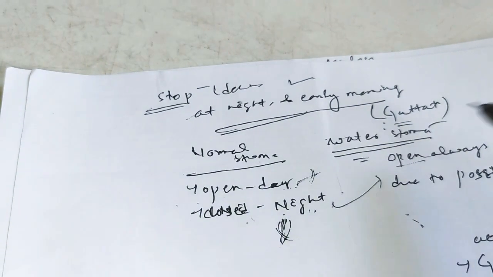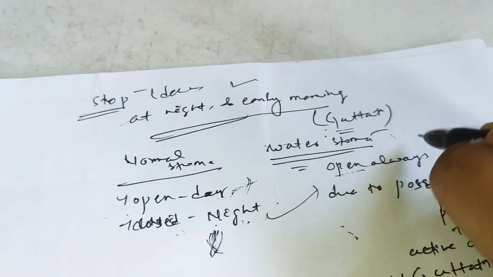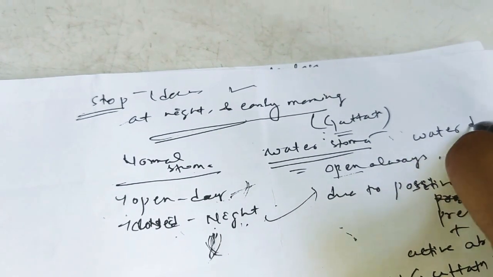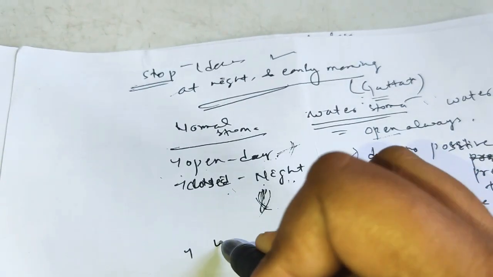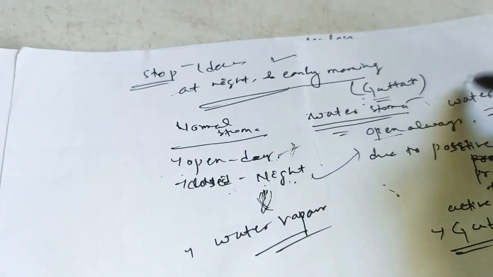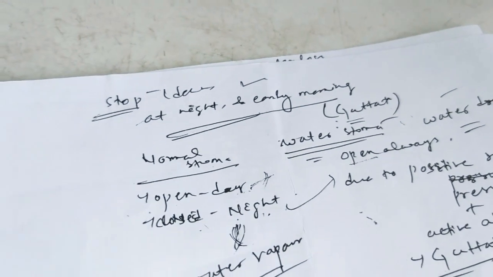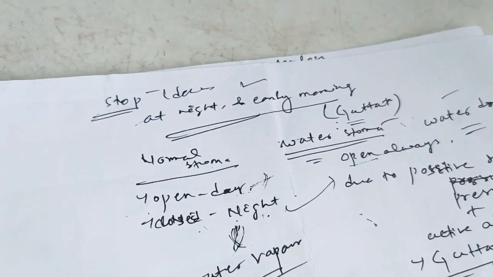At that time the excess water is removed through the guttation process in the form of a water drop. Here is a water drop, and in the case of transpiration it is water vapor. Remember, okay. I will later post the difference between guttation and transpiration.